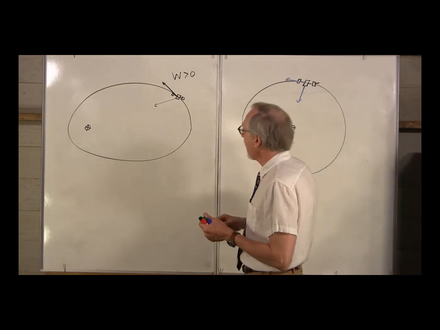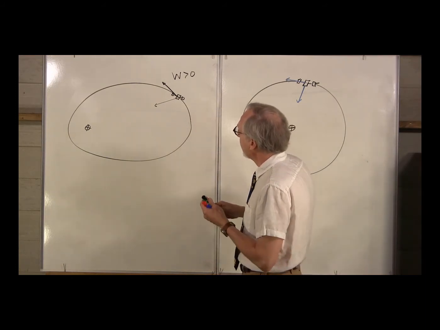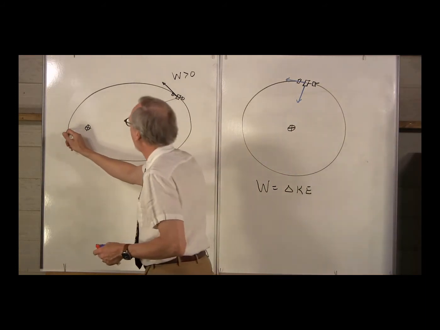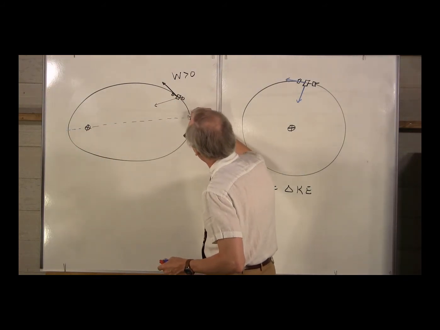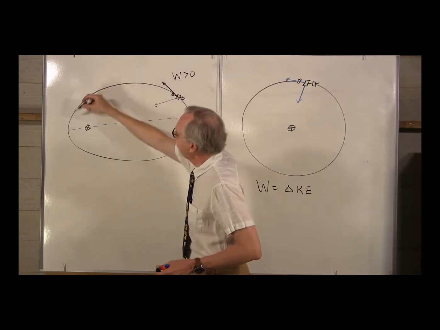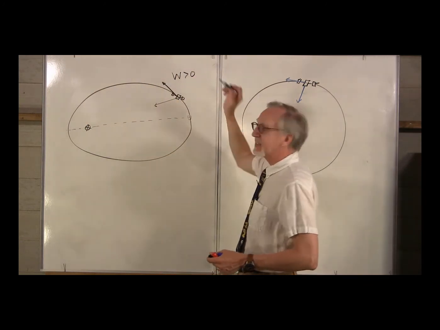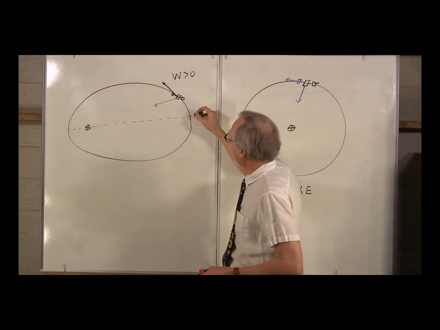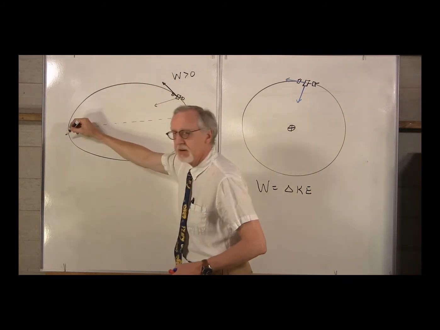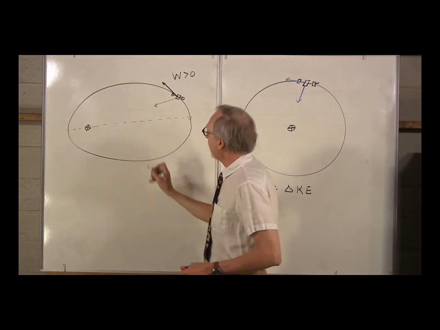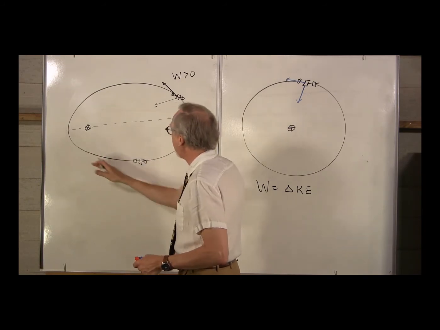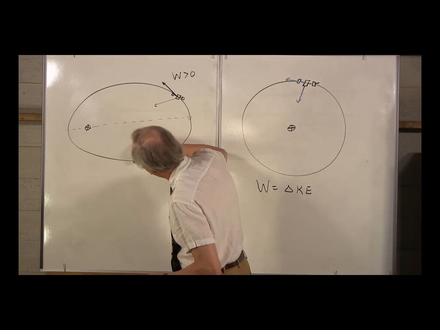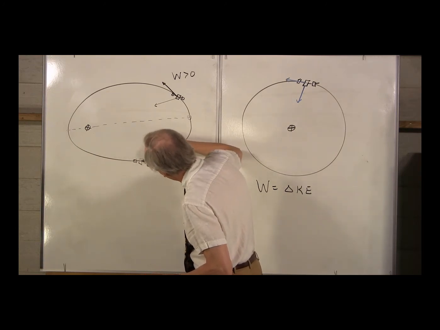So from this point in the orbit to this point in the orbit, the satellite is going to be speeding up and going faster. However, when it comes down to this point over here, or any part of this motion, notice the displacement is now in this direction.